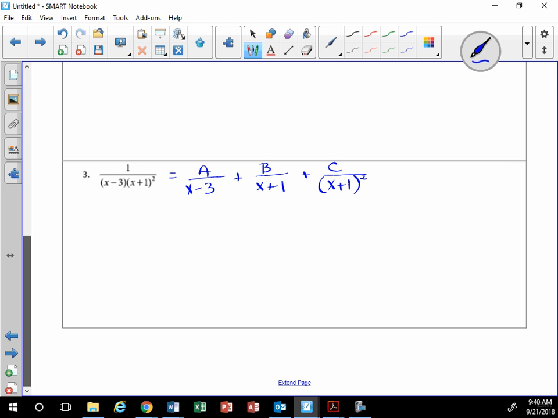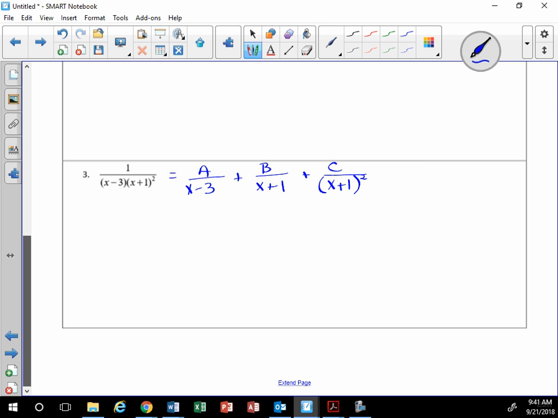I know it's weird. Anytime you have a repeated factor, you have to show it by itself and repeat it. So if it was like x plus 1 to the 4th, you'd have x plus 1, x plus 1 squared, x plus 1 cubed, x plus 1 to the 4th. I'm going to do that to you, okay? But you show that it is a repeated factor when you go through this, okay?